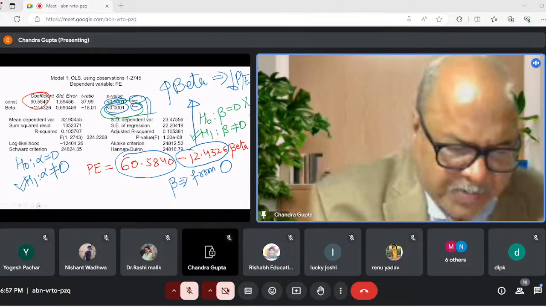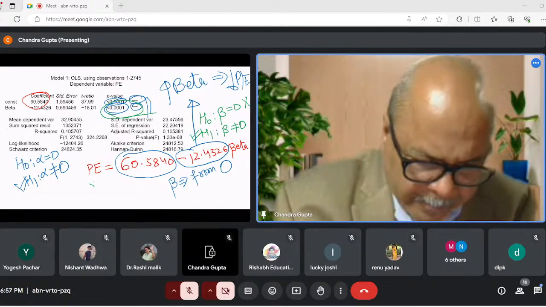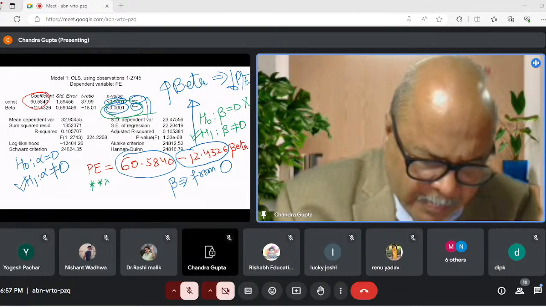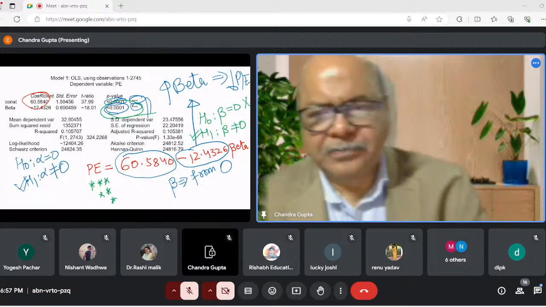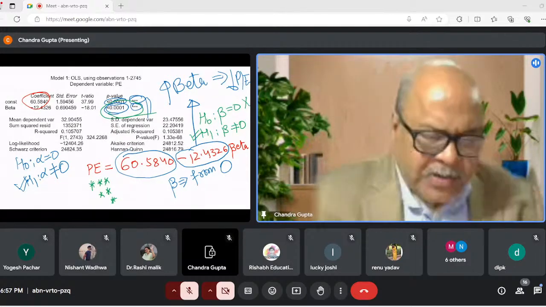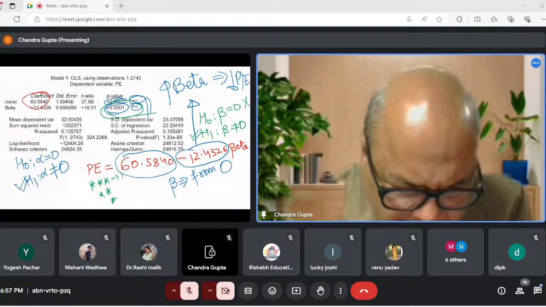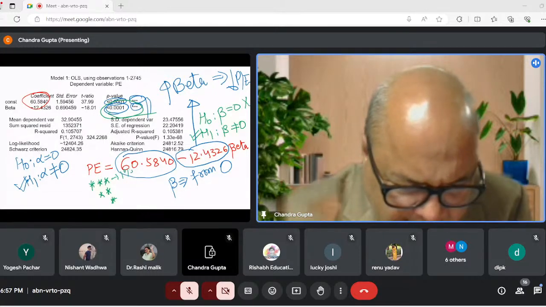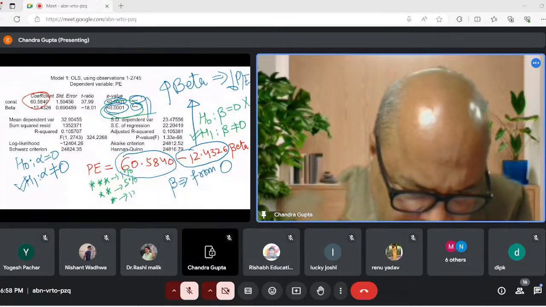Gretl puts up stars, triple star, double star, and single star. Triple star means it is significant at 1% level. Double star means significant at 5% level. Single star means significant at 10% level.